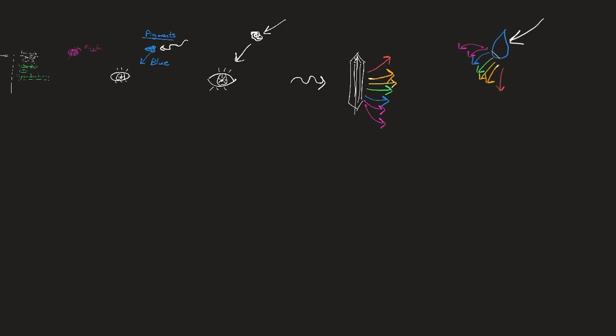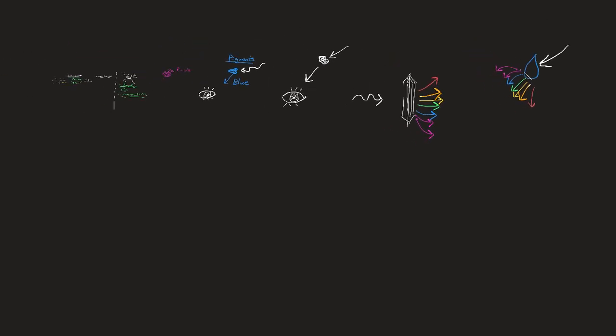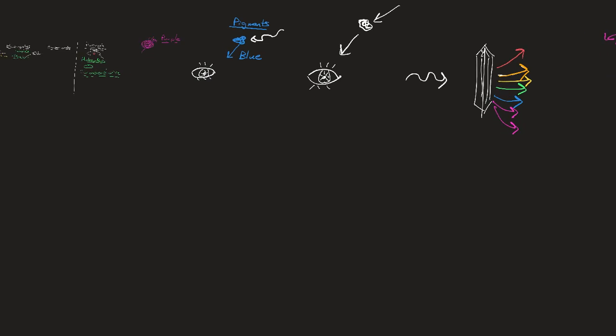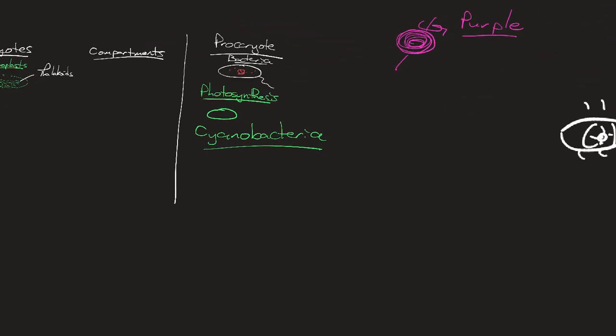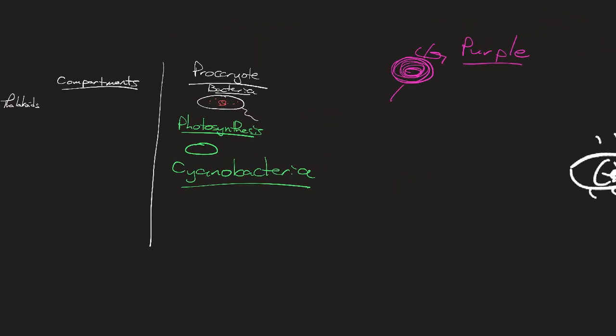So when you see a rainbow, it's because there's a lot of water in the air, the sun's out, the light goes through the little water droplets in the air, and you see a rainbow. So that's light, that's pigment, that's all cool. There was a bacteria, and we know this because we can see some of these bacteria. We can go to certain places on Earth and we can still find these purple bacteria that do photosynthesis with a purple pigment. So they absorb all the light except for purple.